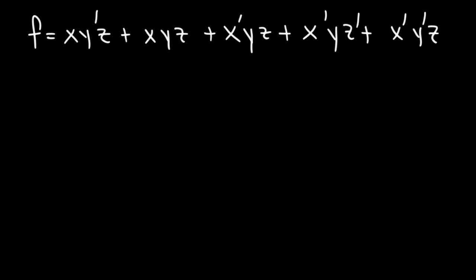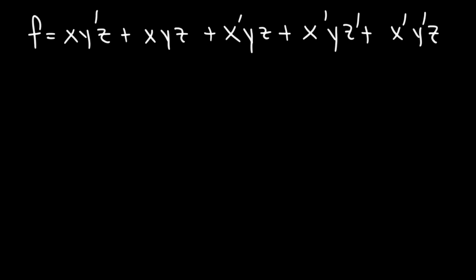Now this function will require, let's say if we were to draw a block diagram, at least 5 AND gates. And each of those AND gates need 3 inputs. And we definitely need an OR gate that has 5 inputs, or you could break it down into multiple OR gates. So to design a circuit, it's going to be very complex.